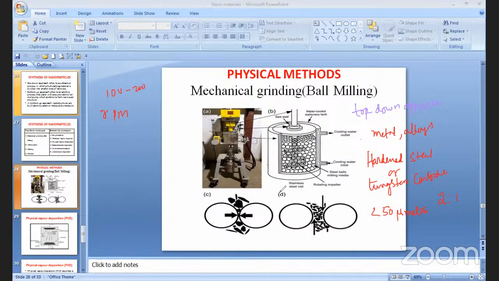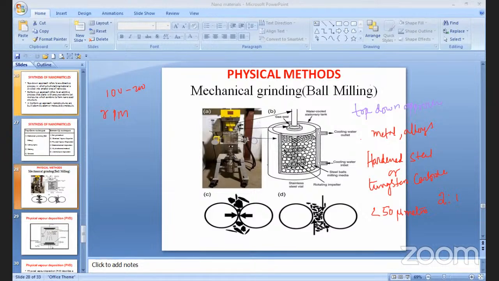So if you take this ball milling method, we have some advantages when using it.